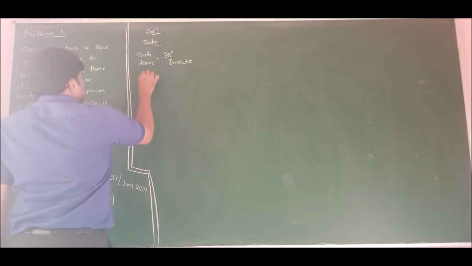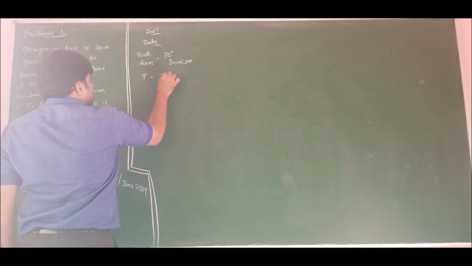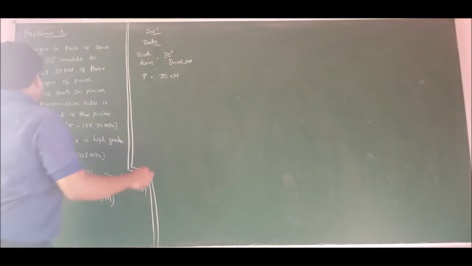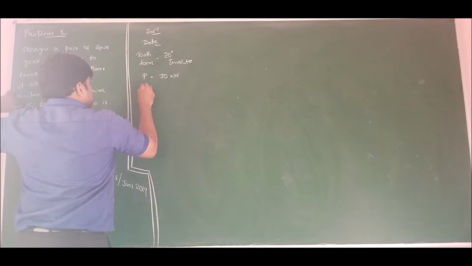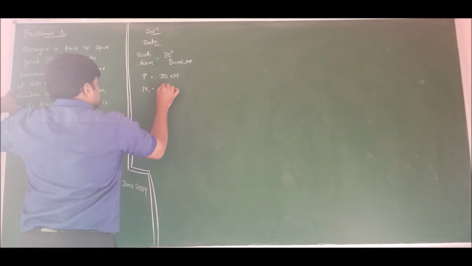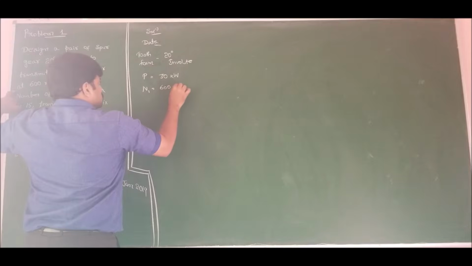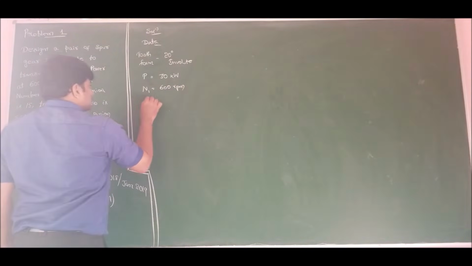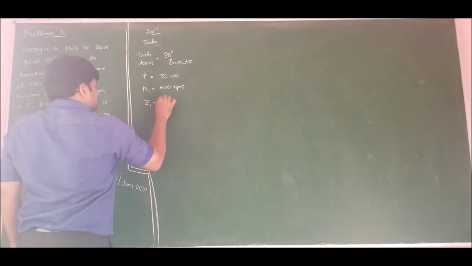He has given the power as 30 kilowatts at pinion speed, that is N1 is 600 rpm. The number of teeth on pinion, Z1, is 15.